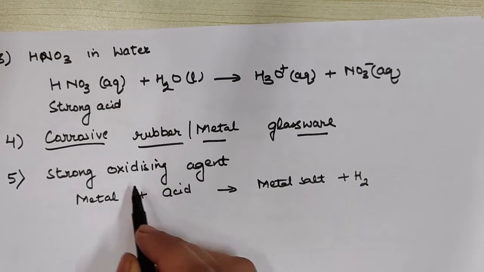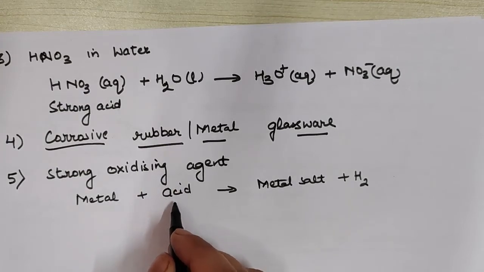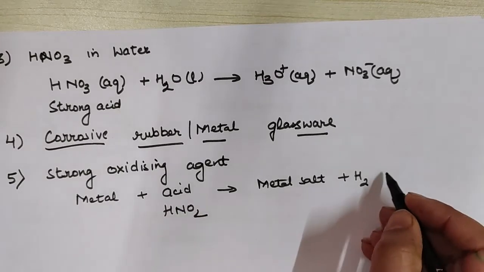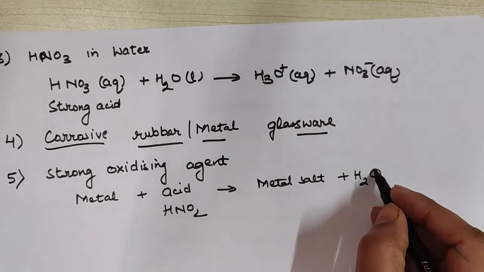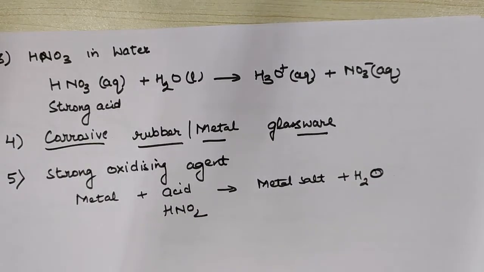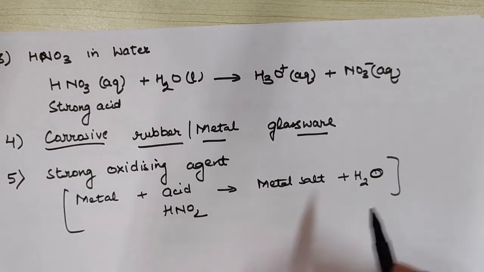But when it is nitric acid, instead of sulfuric and hydrochloric acid, the hydrogen gets converted to water, so it is oxidized at that time. So it is a strong oxidizing agent.